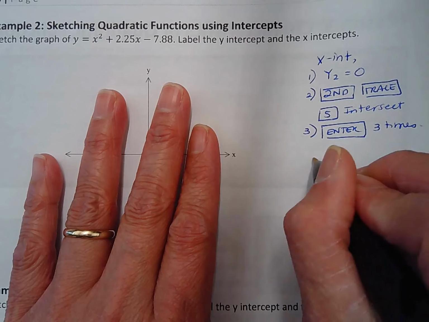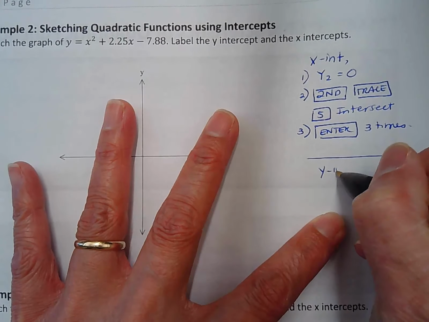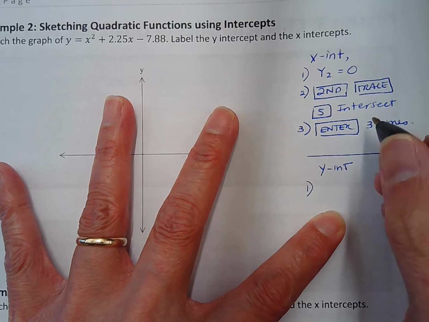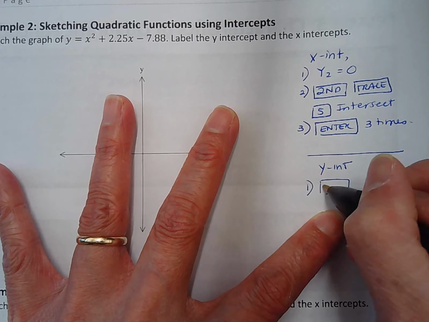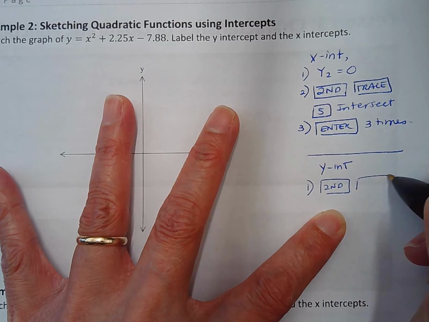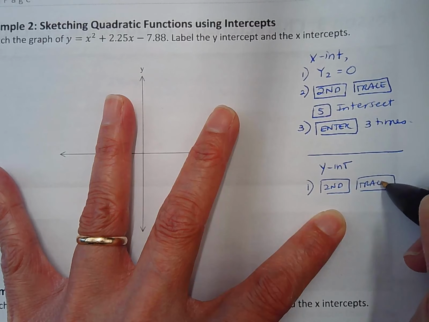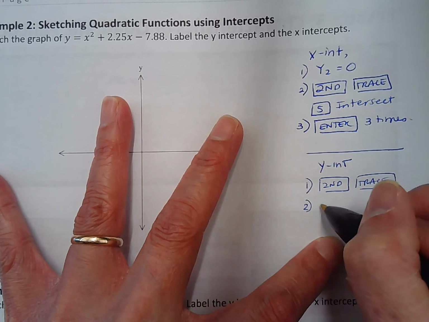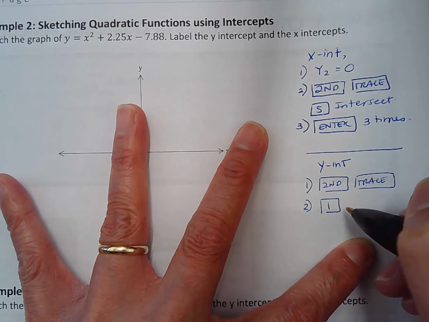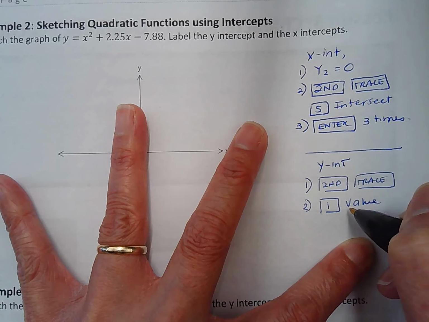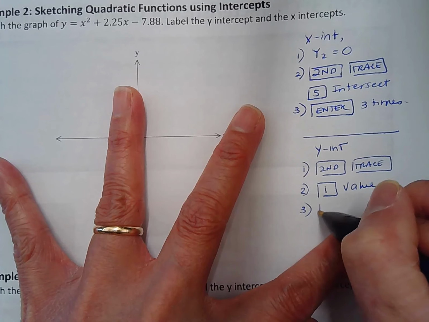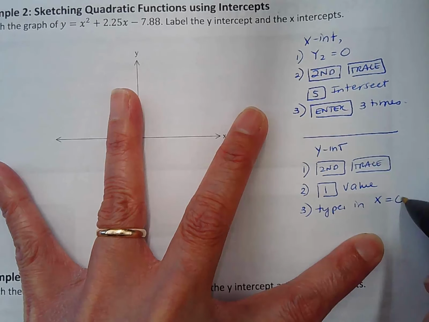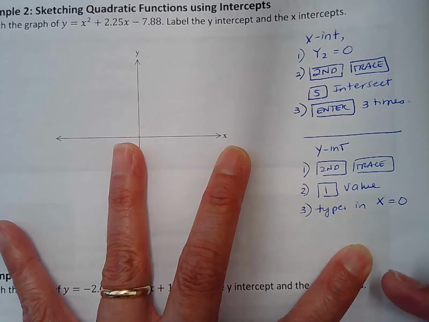How do we do the y-intercept? So the first one, we're going to go second function trace, and then you're going to press 1 for value, and then type in x equals 0, and then you press enter.